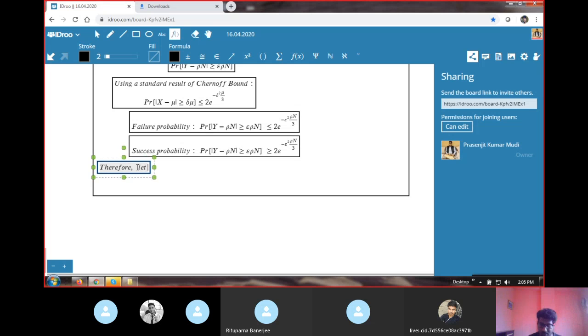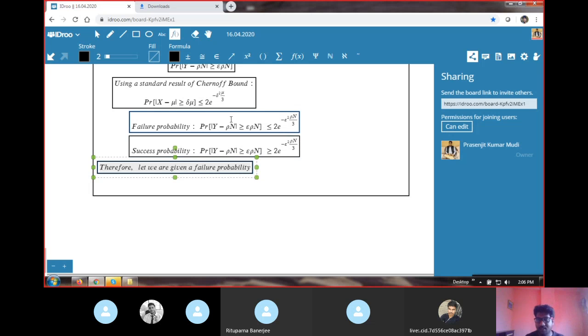Therefore, let given a failure probability, means you will be given a problem. There you have to find the approximated version of DNF counting.